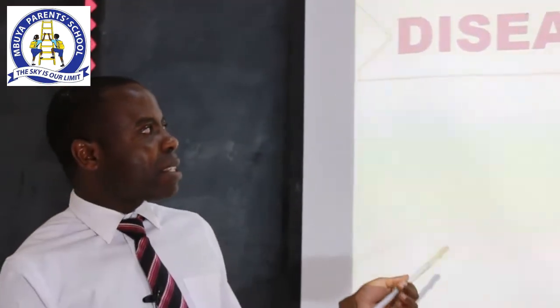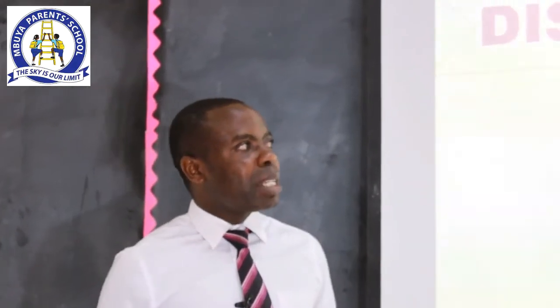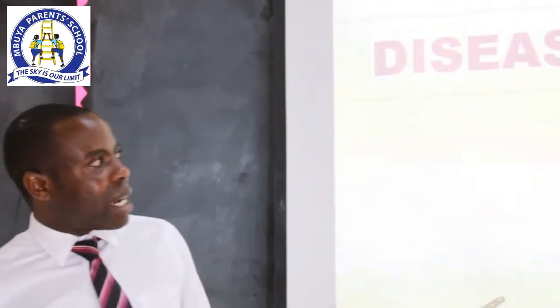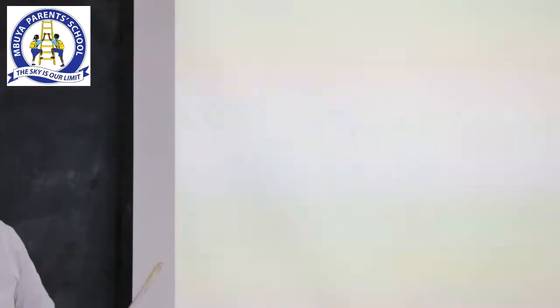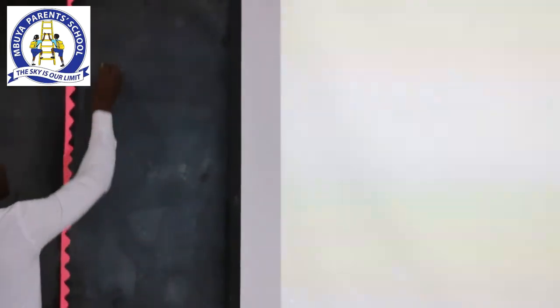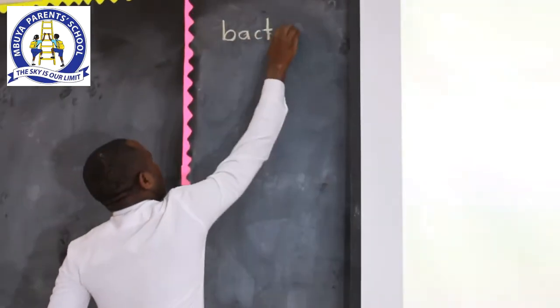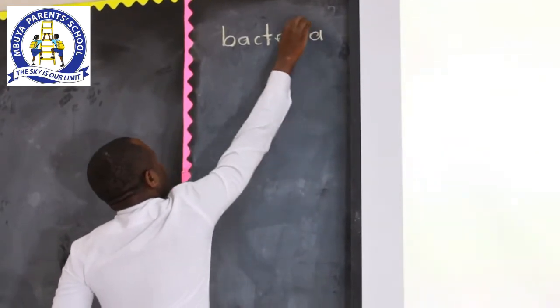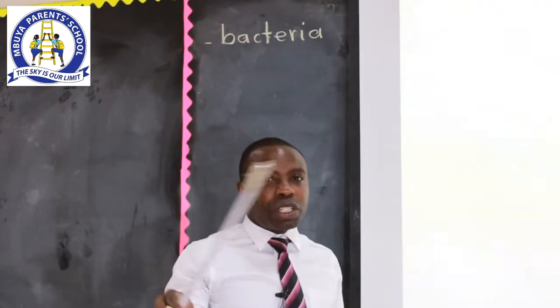Now, for this case, we are talking about the diseases that affect the human skin as an excretory organ. Remember, diseases are caused by either bacteria, and those caused by bacteria are what we call bacterial diseases.